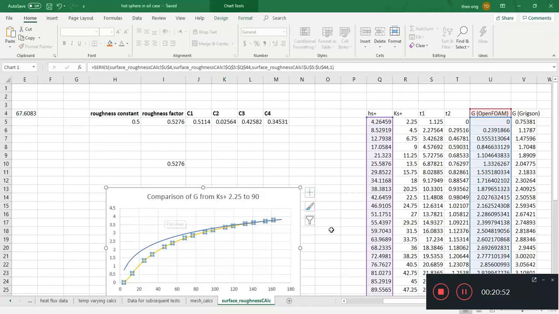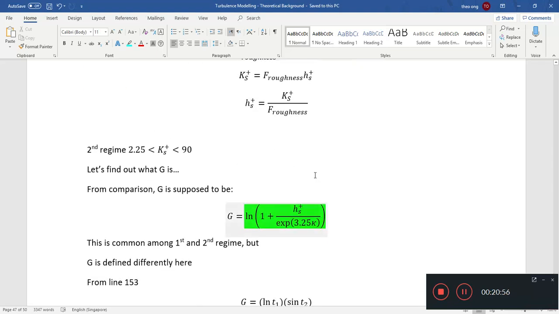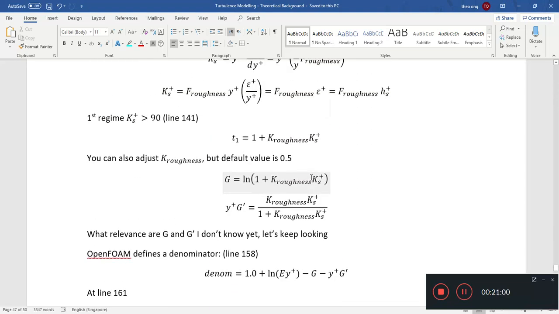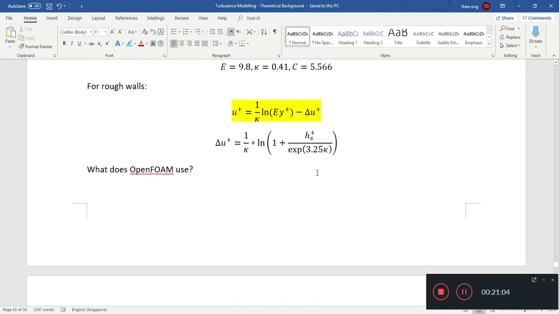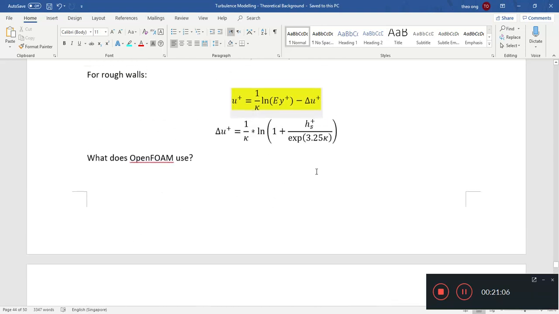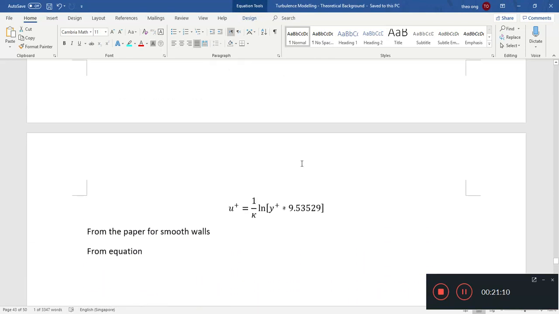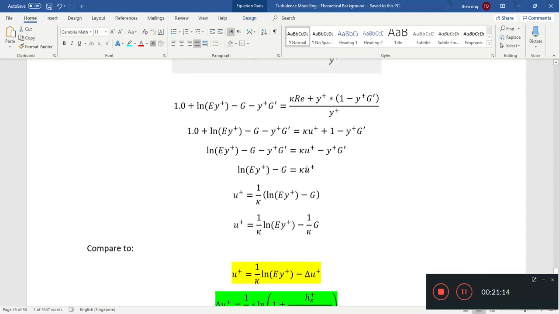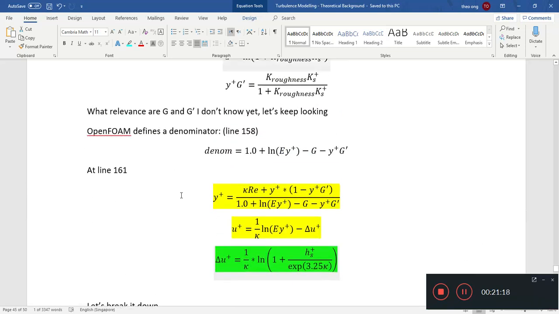And we know that in the regime where Ks plus is more than 90, okay, where is it? Yeah, I think this is the one.